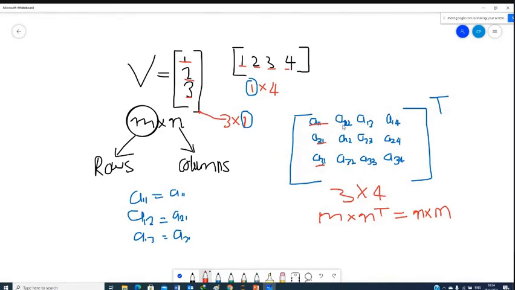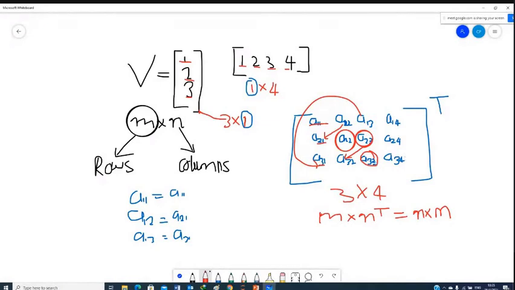This one goes there, this one comes here. This one remains where it is because A22 still remains as A22. A23 becomes A32, so this one goes here. A33 remains the same.